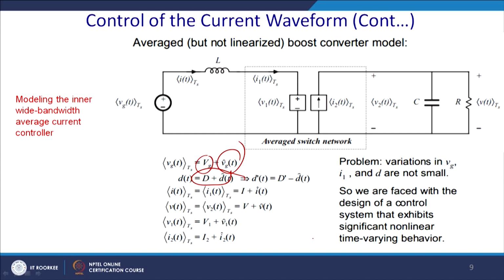So, we give a perturbation Vg with Vg delta, similarly you have a perturbation d(t) delta, and we give a perturbation to all the parameters, that is I Ts, V Ts, V1. Please note this is basically the input current I1 Ts, and this is the voltage across the switch, V1 Ts.